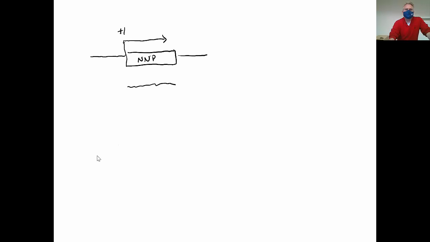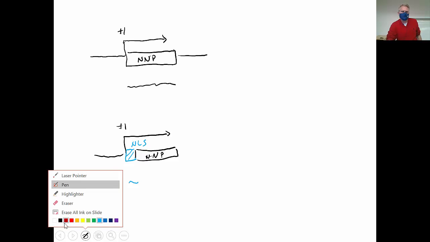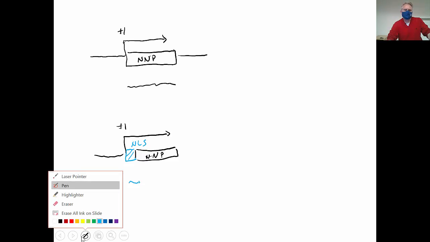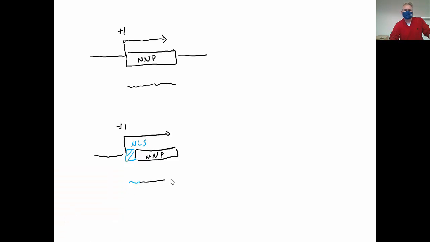So what we do is we make a fancy new gene where before our NNP, we add in an extra little sequence that's our nuclear localization sequence. So now our mRNA, of course, it's a single gene.